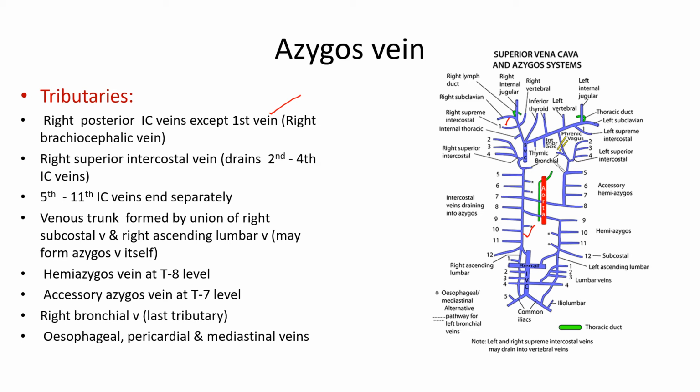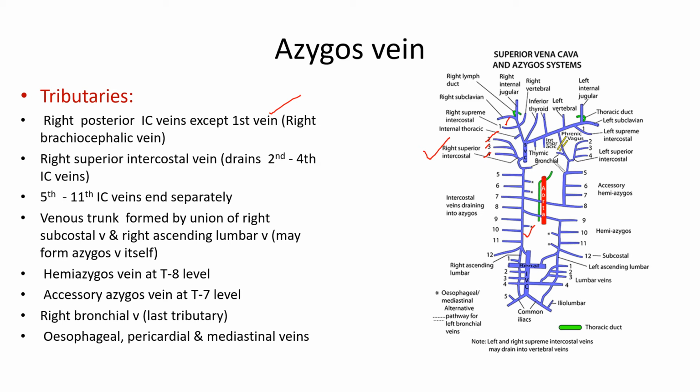This is the azygos vein, and here you can see the arch of azygos vein. You can see where it is entering into the superior vena cava. Then it receives the right superior intercostal vein. So that will be draining the second, third and fourth posterior intercostal veins that are entering into it.